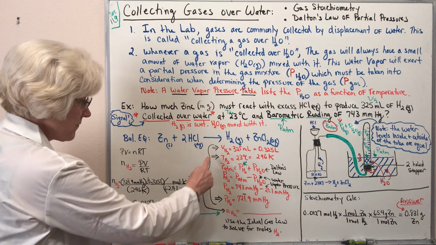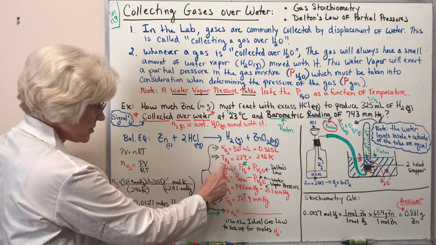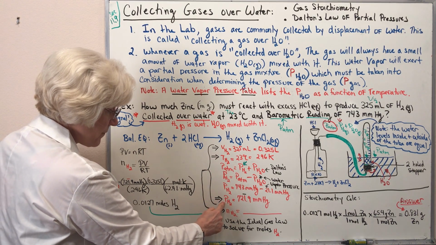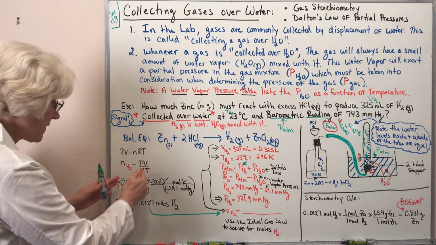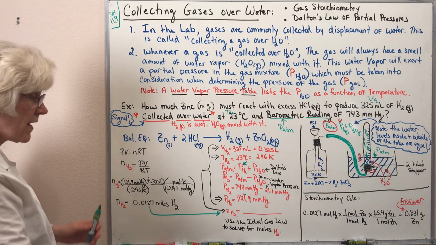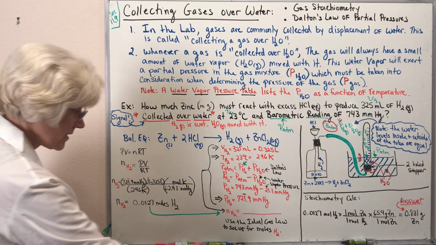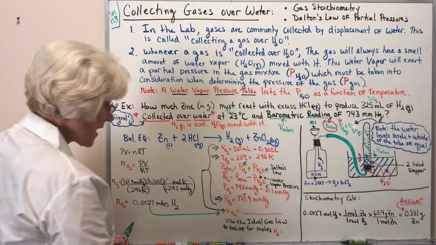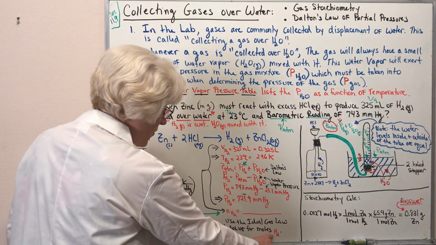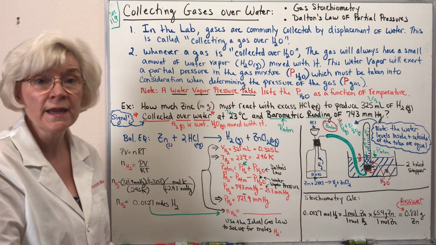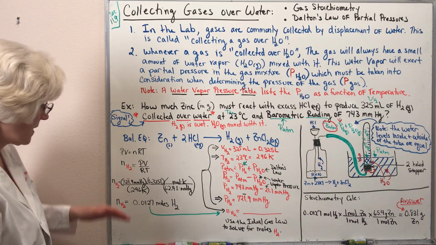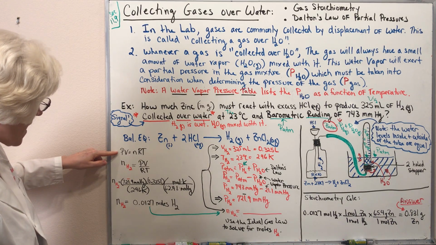So I have a volume of hydrogen, I have a temperature of hydrogen, I have a pressure of hydrogen alone, and that sets me up to go into an ideal gas law calculation. So I'm going to use the ideal gas law to solve for moles of hydrogen, and that's going to take me right into stoichiometry. So here is the ideal gas law.